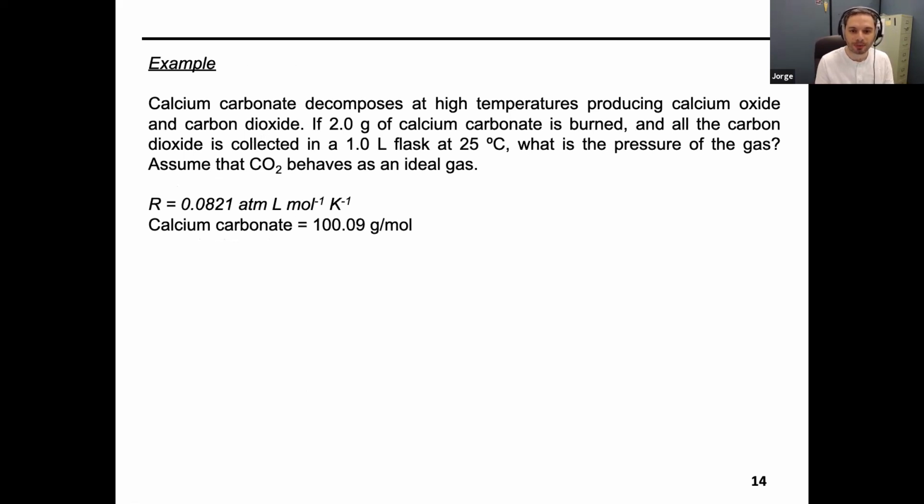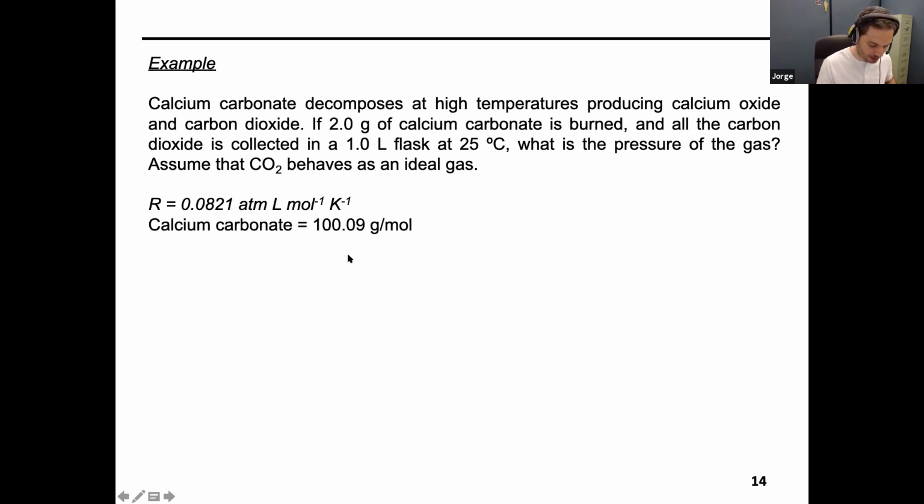If 2 grams of calcium carbonate is burned and all the carbon dioxide is collected in a 1-liter flask at 25 degrees, what is the pressure of the gas? We are going to assume here that CO2 behaves as an ideal gas. The exercise provided the universal gas constant and also the molar mass for calcium carbonate.